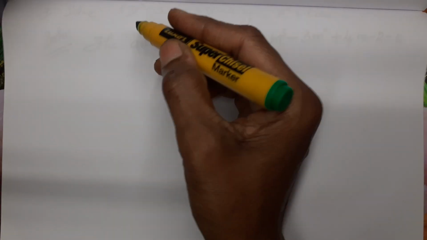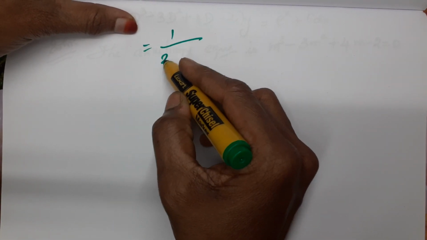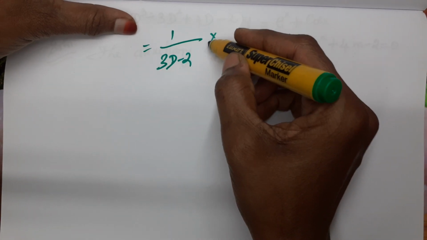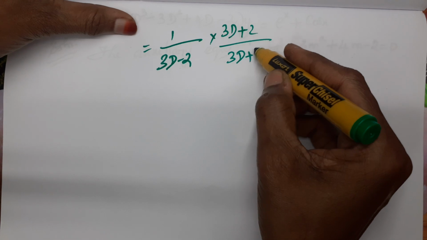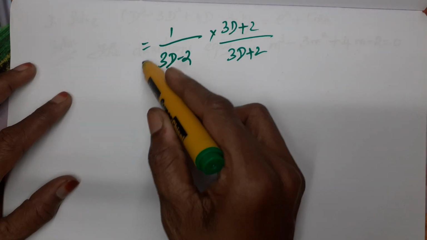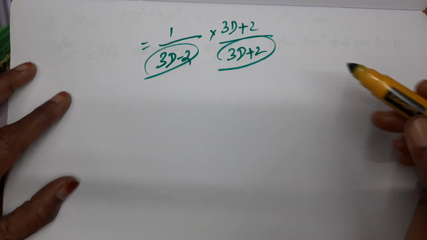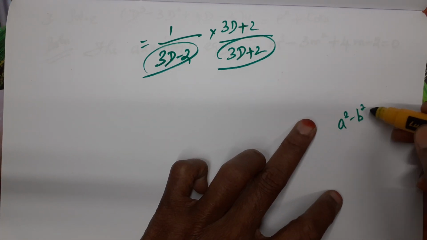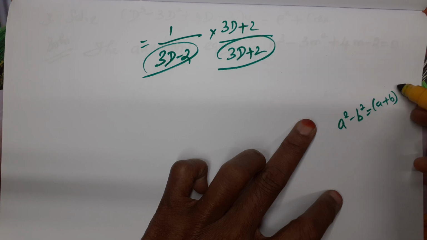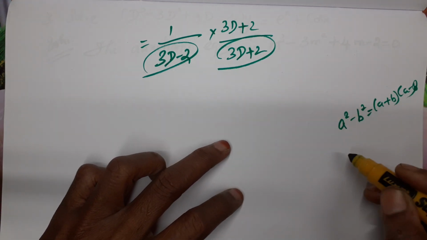Already we have 3D minus 2. Now we are going to multiply and divide by its conjugate. Why are we doing this? When we multiply and divide, it is of the form (a plus b) into (a minus b). So what is that? a² minus b².